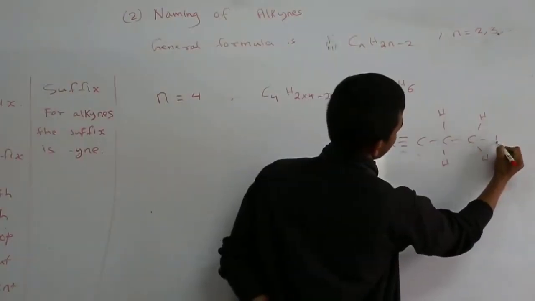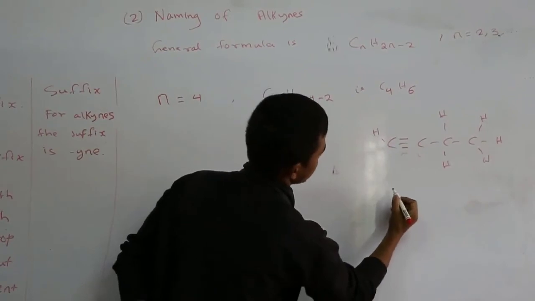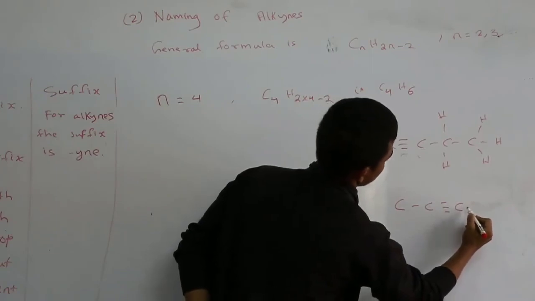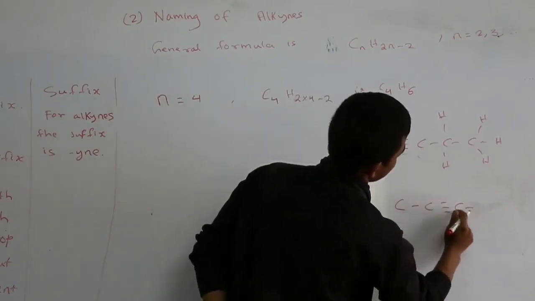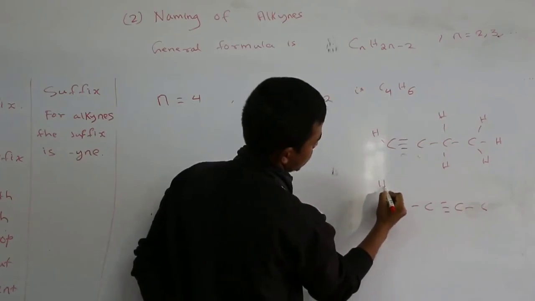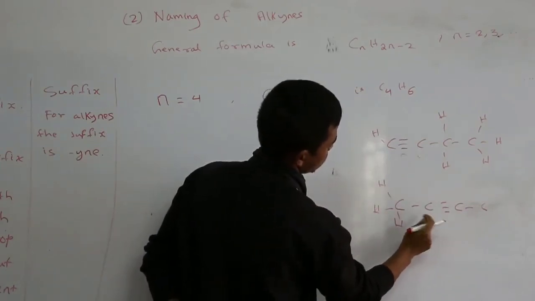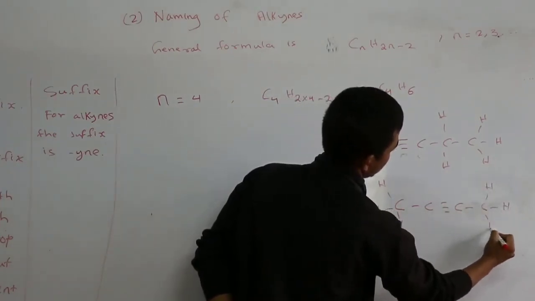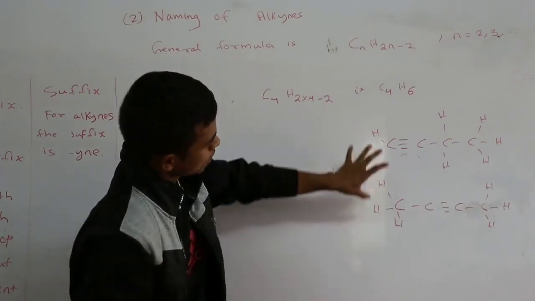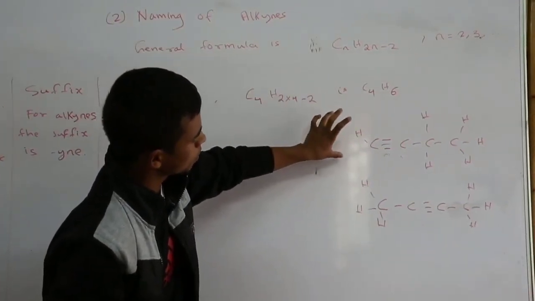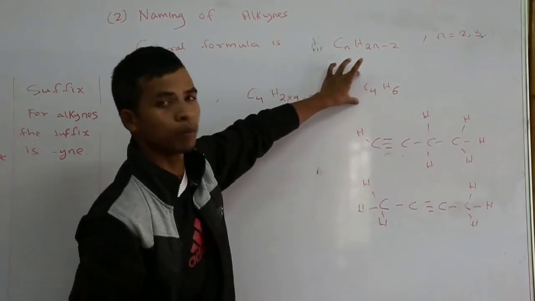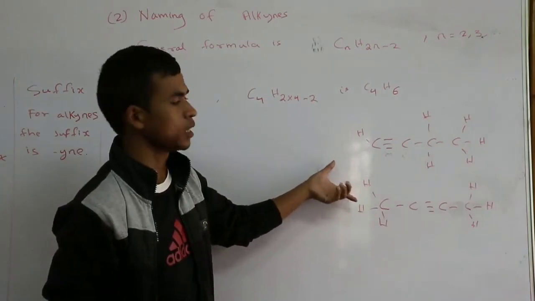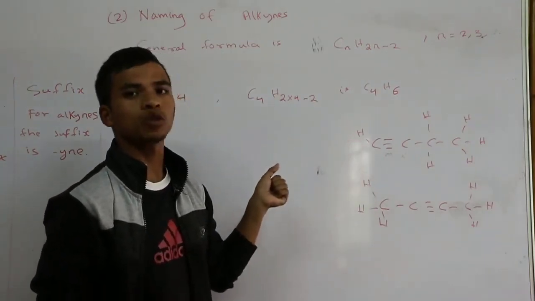Or you can also have it like this, 1, 2, 3, 4. Here, this hydrocarbon has the property that it has the same molecular formula, but it can have two different structural formulas. This kind of compounds are called isomers.